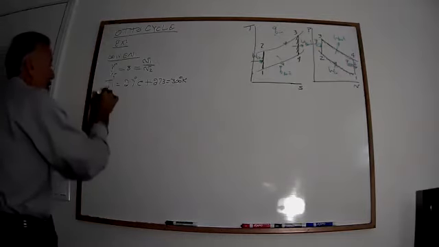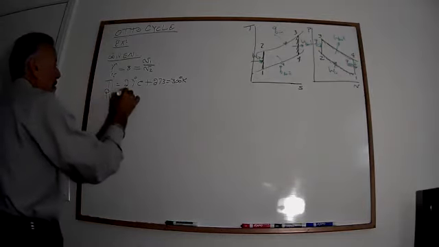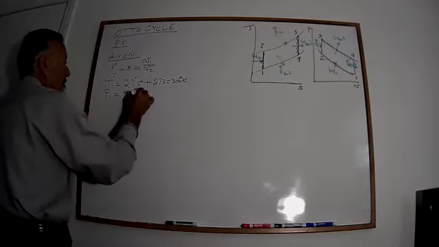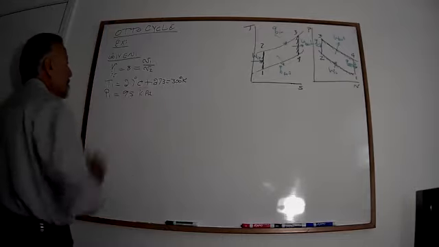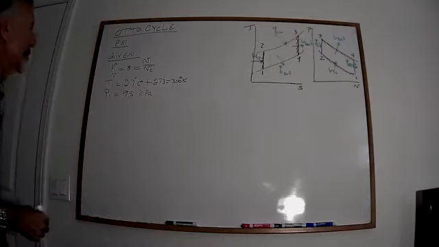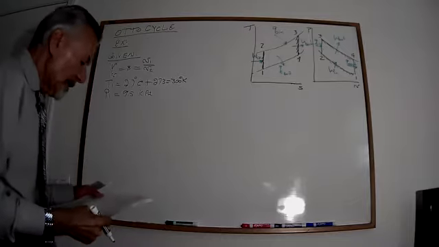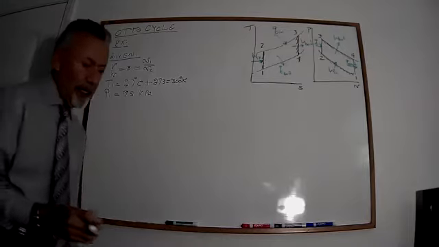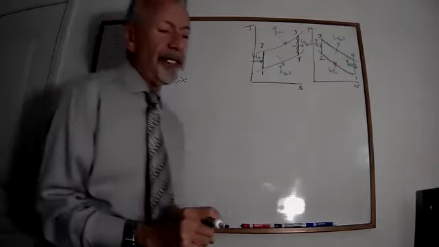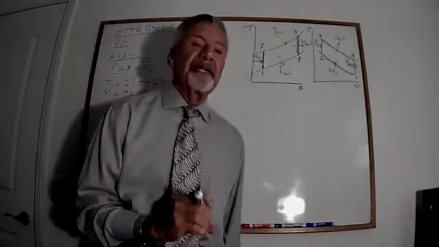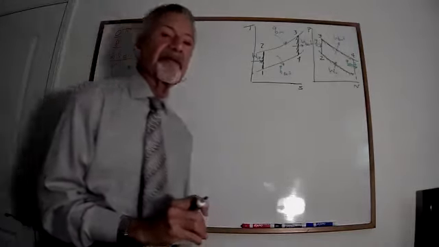Pressure at point 1 is 95 kilopascal. Then this is a trick. That's why I said you need to read the problem very, very slowly and very carefully.